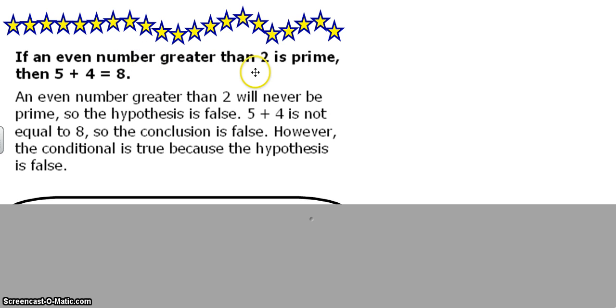If an even number greater than 2 is prime, if this is false, then the whole thing may be true. The conclusion may be true or false. It doesn't matter. But the entire truth value of the statement is true because the hypothesis is false. The hypothesis and conclusion don't have to make sense when the hypothesis is false. We're not saying that the whole conditional is a true statement. We're just saying that the truth value of that statement when the hypothesis is false is that it is true.